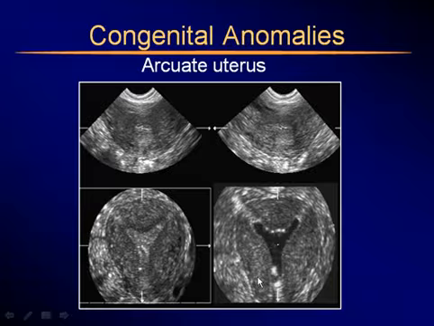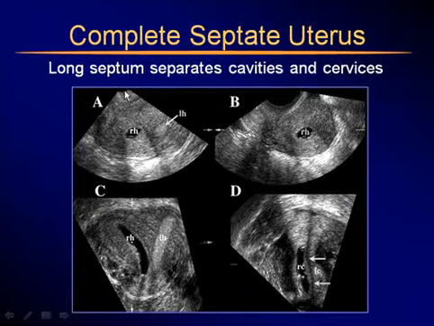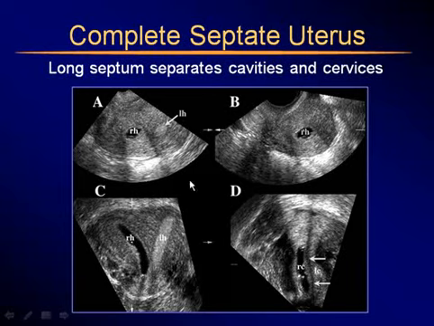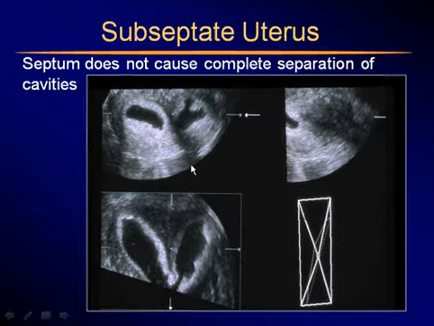Congenital anomalies, we can introduce fluid into the cavity. Here we can see, this is in conjunction with 3D from Dr. Anna Leftoff, who loaned me these cases, where we have fluid filling one horn and not the other horn in this patient with a long septum that separated the two cavities.